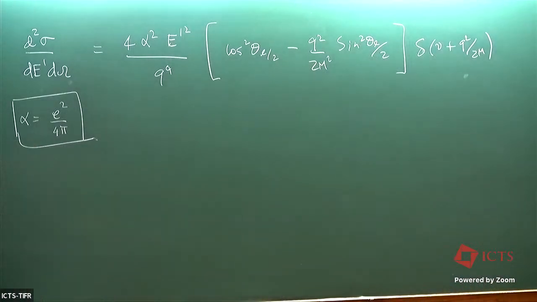What is the use of all this? Suppose the proton happens to be point-like, and I perform an experiment with it, and I find the distribution exactly identical to this. I can fit the coefficients of cos square and sin square, and if it turns out to be exactly this, then I can bet everybody that the proton is point-like.